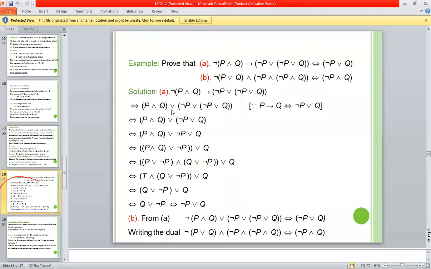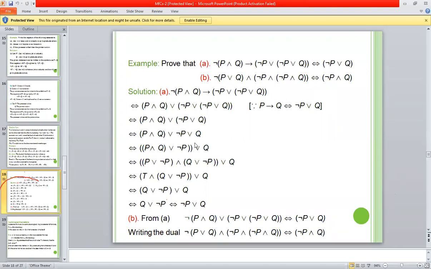In the first step we applied P implication Q is equivalent to negation P or Q. In another step we get (P and Q) or (negation P or Q), where we applied negation P or negation P is equivalent to negation P by the idempotent law.